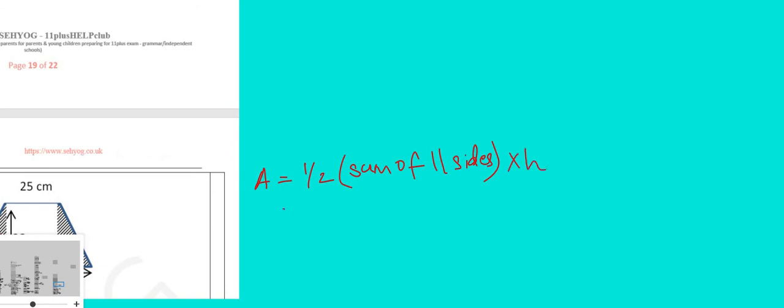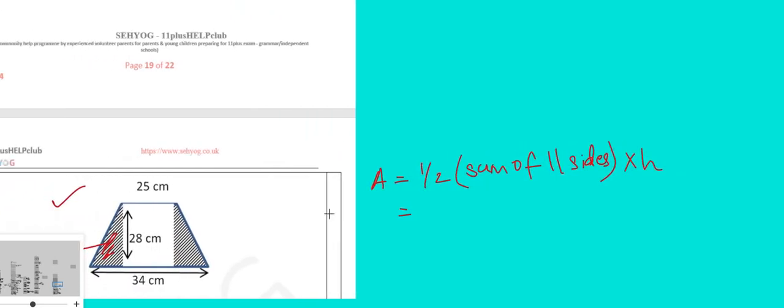So now if you put the values in places, what we get? So now half sum of the parallel sides, so these are the parallel sides, so it will be 25 plus 34 into height is 28.